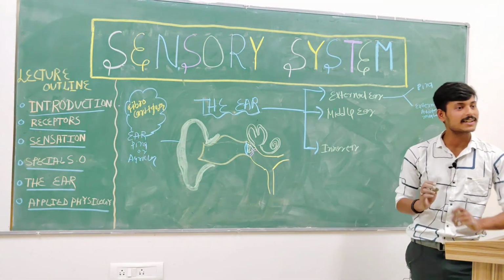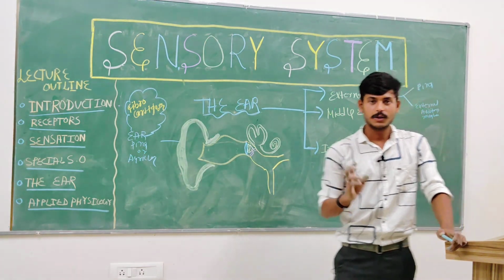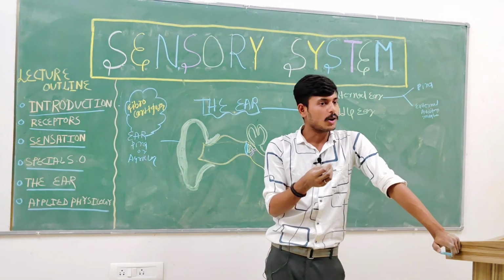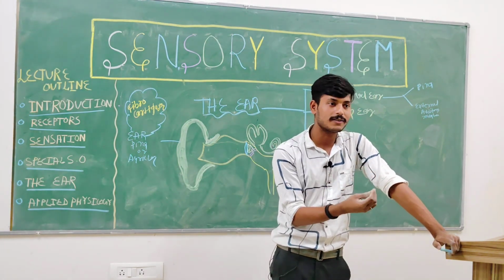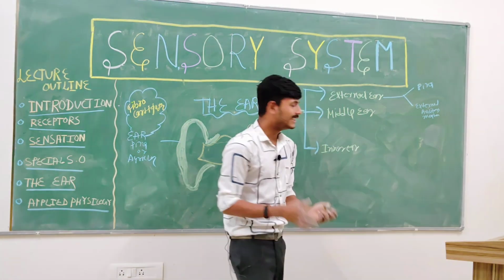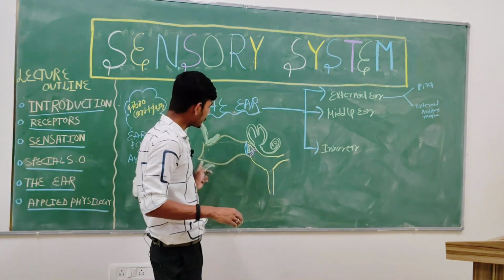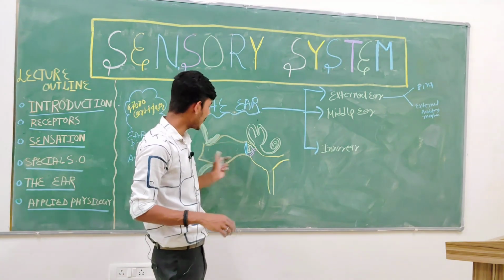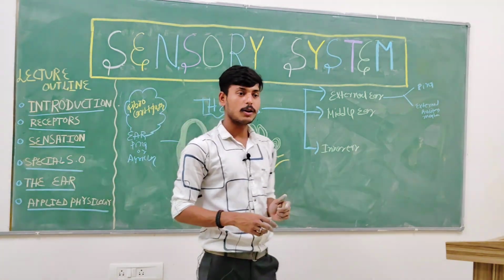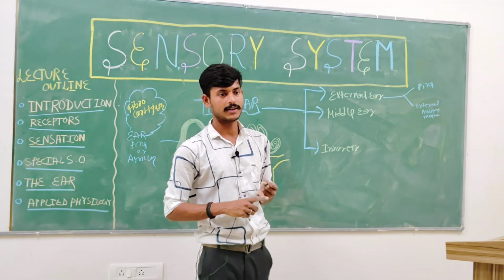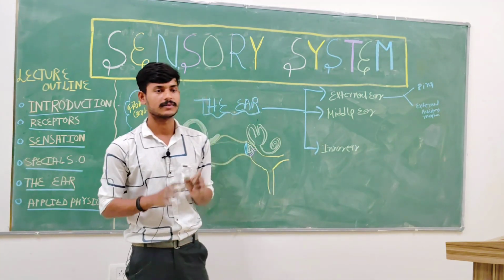Have you heard about earwax? Earwax is an oily substance, and sebum is also a kind of oily fluid. They are involved in lubrication of the surfaces of the ear, the underlying epithelium, and they also help in trapping microbes and dust.